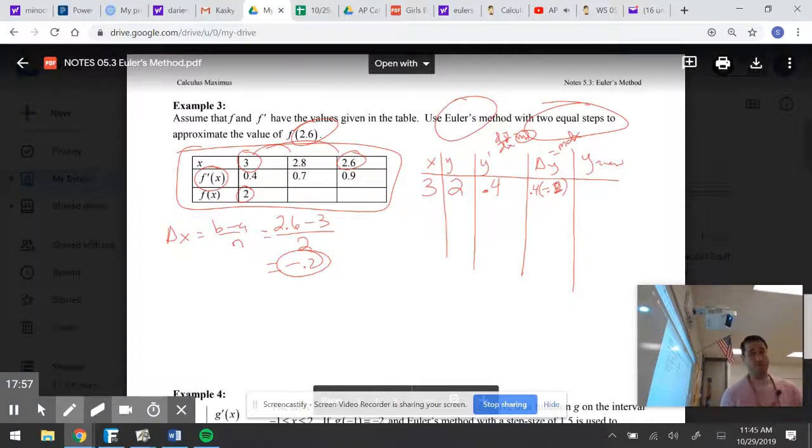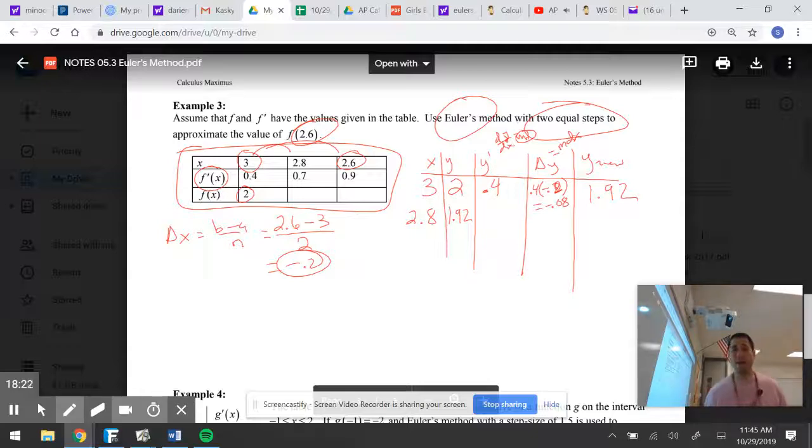Well, what is 0.4 times negative 0.2? That would be negative 0.08, right, class? And then my new y would be 2. Add that to it, and I'm at 1.92, right, class? So my change in x is going down 0.2, so I'm right there, and my new y is 1.92, right, class?